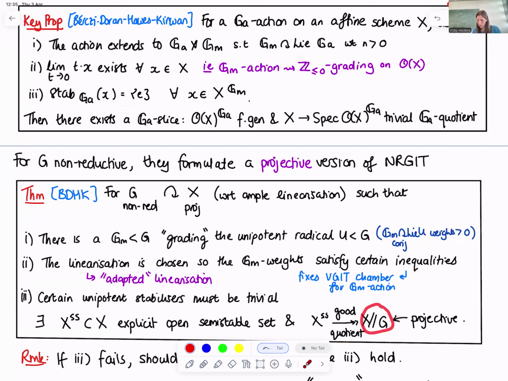But let me explain this relative non-reductive GIT, which is joint work in progress with Eloise Hamilton and Josh Jackson. So actually we start out with a very sort of general question, which is, suppose I've got a morphism of varieties and a group homomorphism, and I've got an equivariant action of the group homomorphism on my morphism of varieties.